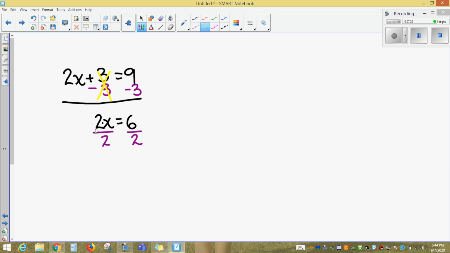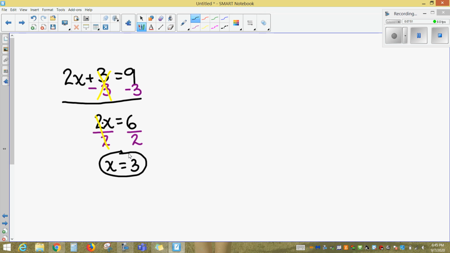Again, what I do to one side of the equal sign, I have to do the exact same thing to the other. 2 divided by 2 leaves behind a 1, and on the right side, 6 divided by 2 leaves us with 3. 3 is the solution that we had earlier. We know it's a solution because we plugged it in for x and we checked and we made sure that statement was true.